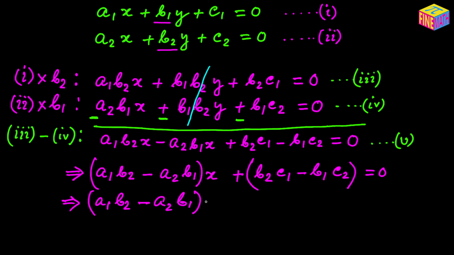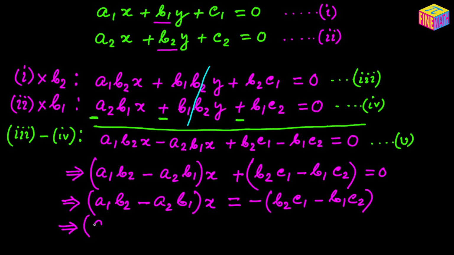And from here we can say a sub 1 b sub 2 minus a sub 2 b sub 1 times x is equal to, let's bring the second parenthesis to the right hand side. So that will become negative of b sub 2 c sub 1 minus b sub 1 c sub 2. We are going to now remove the negative sign on the right hand side term. So the left hand side will stay as is.